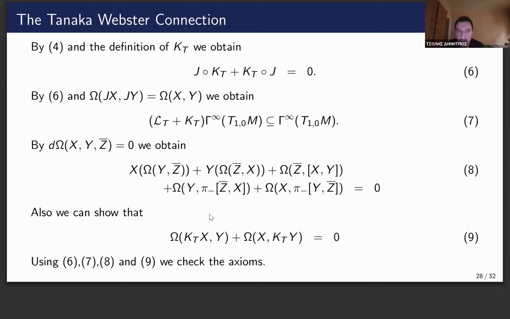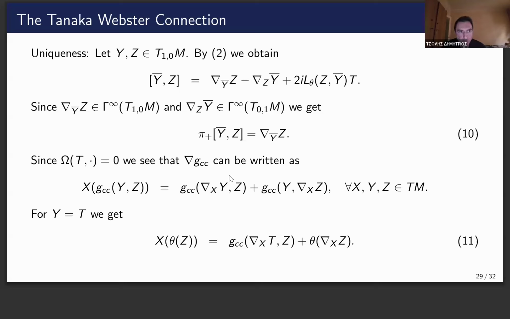And then essentially using all this, so using this relation, this, and this, we can check essentially the axioms and see that they're actually satisfied. Now, the computations that are behind this are non-trivial, but I just had to omit them to save time. Now, let's prove uniqueness.